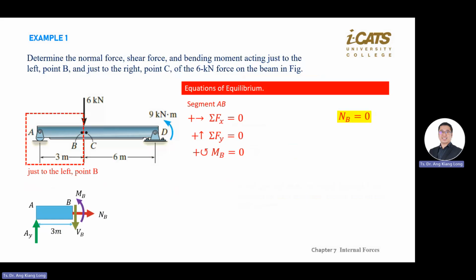If not, then we have a question mark how you found NB. Second one, Y. So AY goes up positive, NB negative, and there's no Y anymore. So AY minus VB equals 0. So AY equals VB. And you know from the previous one that AY is 5 kilonewton. So VB equals 5 kilonewton.